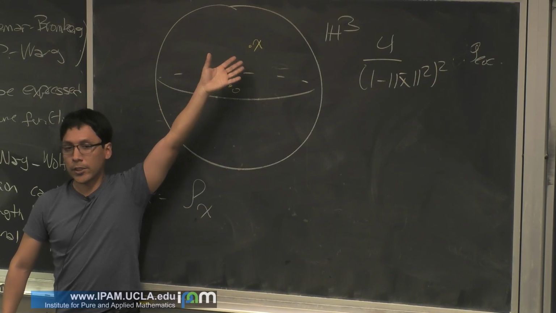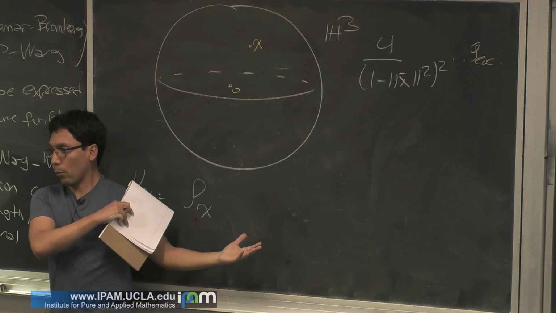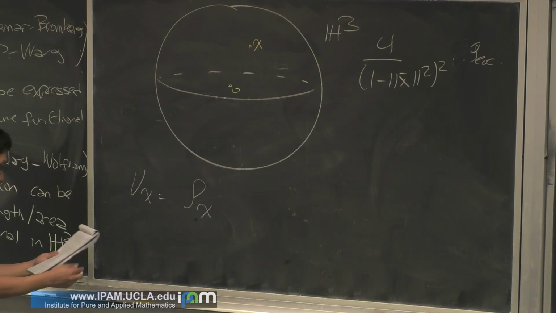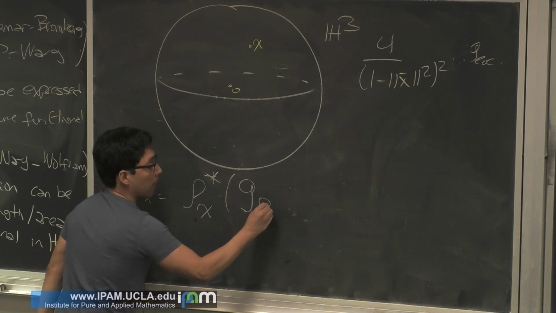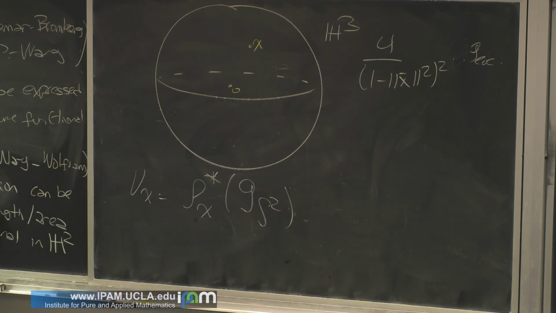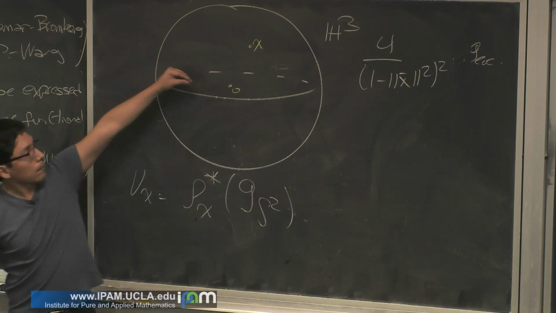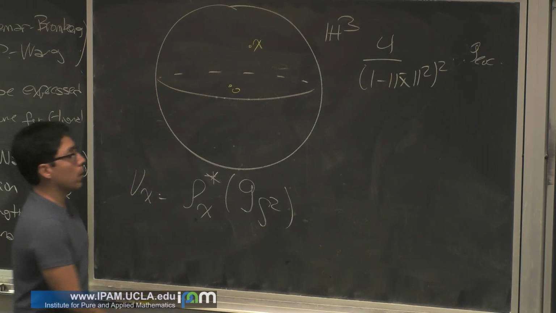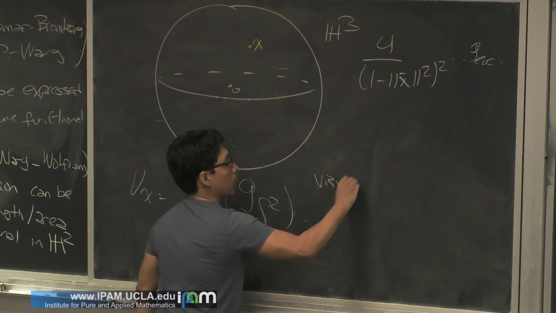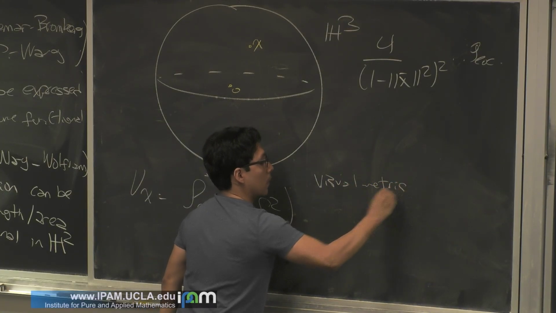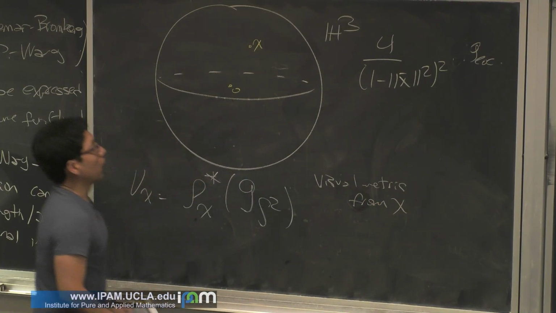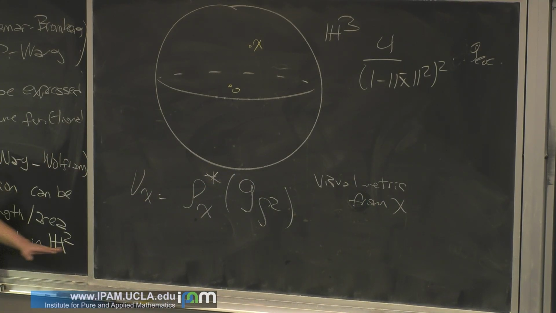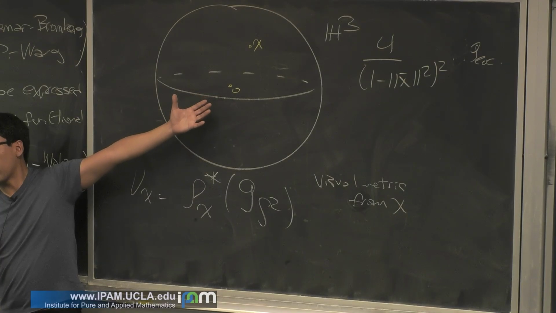If you have not seen it before, it's not hard to find even a precise formula for what this looks like, but take any of them. And now you take the pullback of the round metric of the boundary. This is known as the visual metric from x for the conformal boundary.